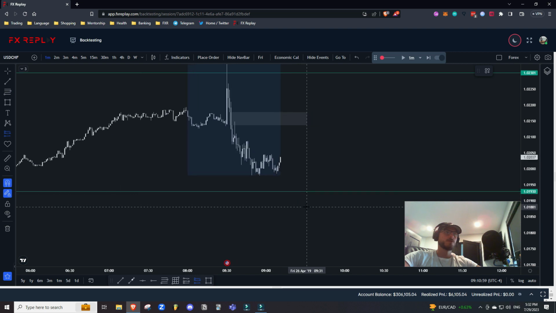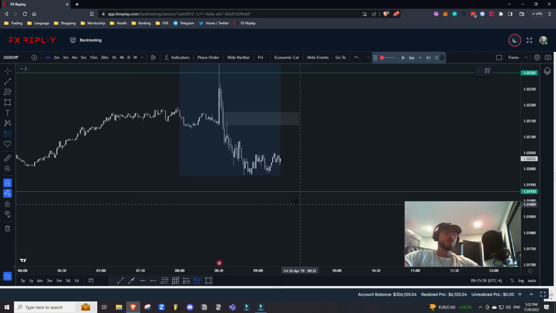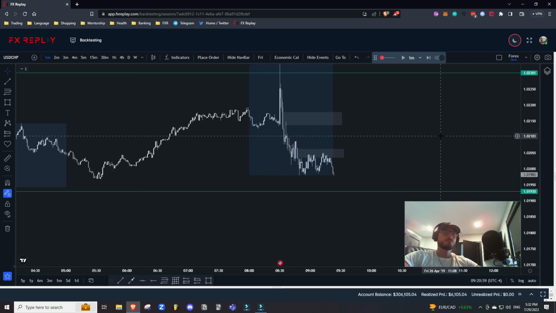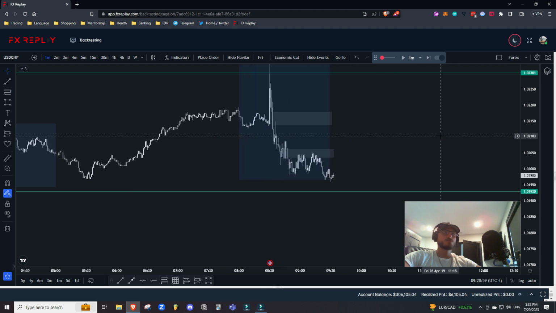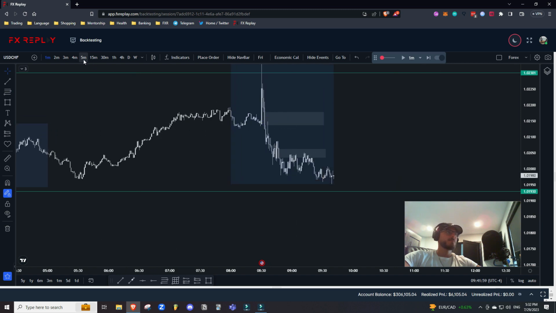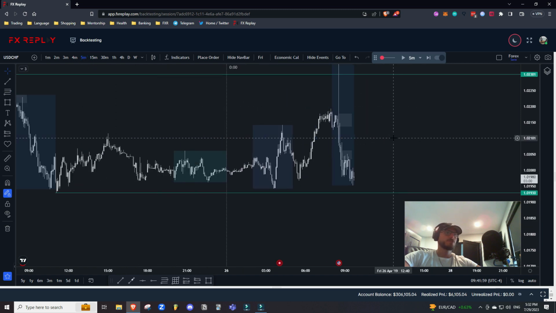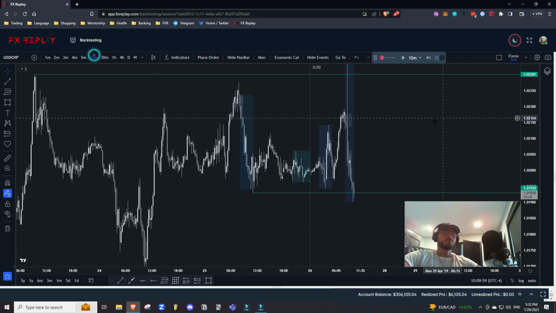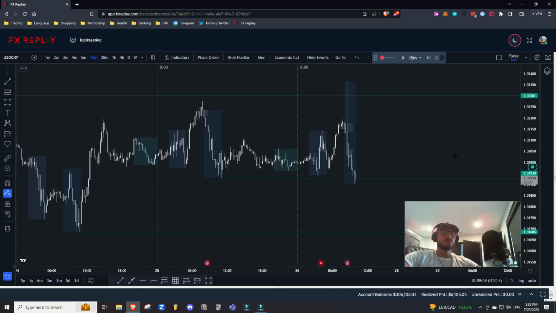I didn't want to take a short all the way from down here, even though I do think that it's going to go down right from here. It just doesn't follow my rules. Well, it does, but it's just not my A+ setup, essentially. So yeah, now that we took out that low, that's basically done for the day.